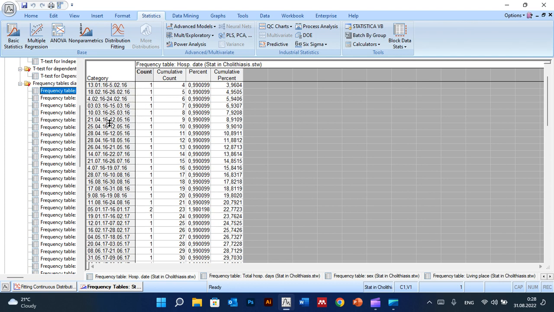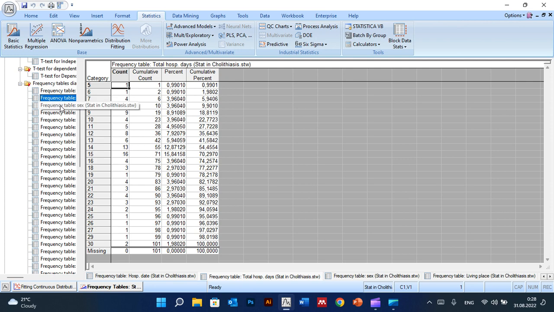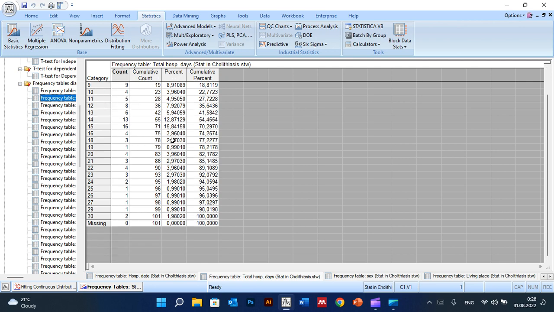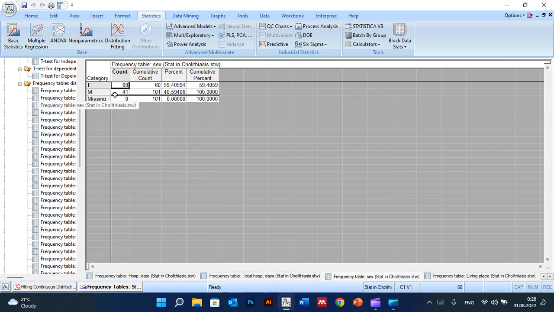It is not interesting for us because you see the category from 14 of January 2016 to 25 of January 2016 has only one patient, so we cannot describe each patient separately. So we take only the frequency tables where there are few categories. Here there are many categories, so we do not use it.